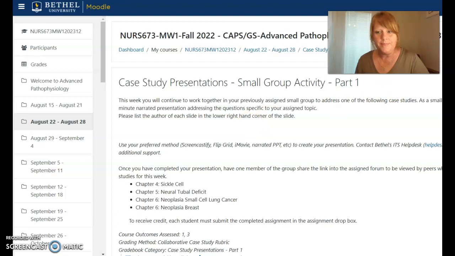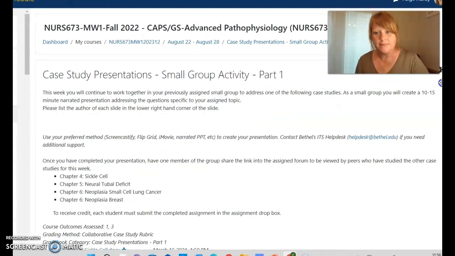Let's see. So you're going to work in your groups and choose one of the following case studies, and you're going to create a 10 to 15 minute narrated presentation addressing the question specific to your assigned topic. When you're making your presentation slides, make sure that you put your name on the slide that you personally created so that I know who did which one.